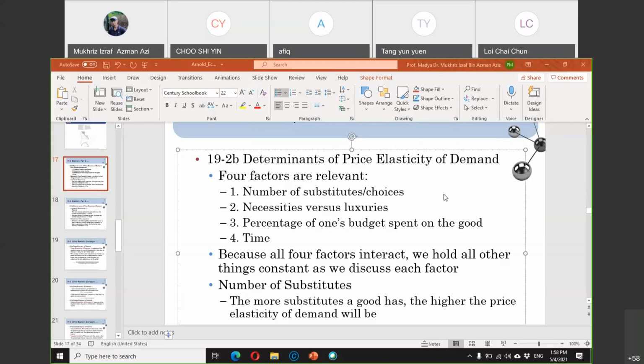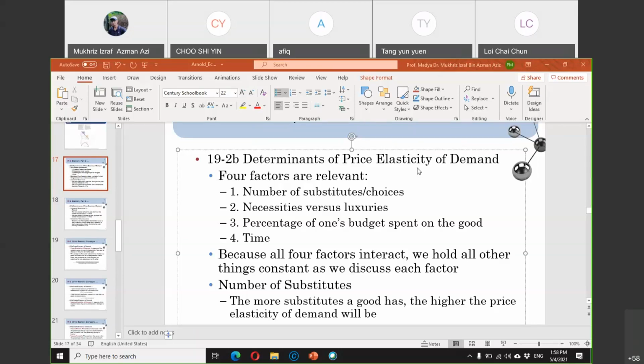For example, many years ago, Astro was the only provider of cable TV. Now you have Unify and Netflix. You can use the internet to watch movies. But previously it was only Astro, so no matter what Astro charged the customer, we had no other choice if we wanted to spend on cable TV.